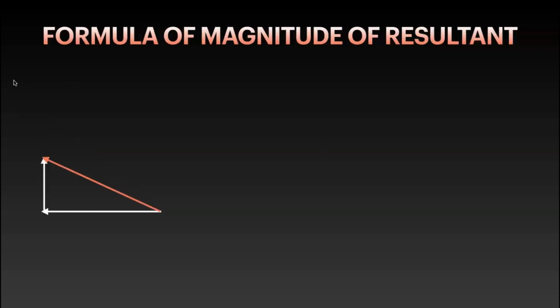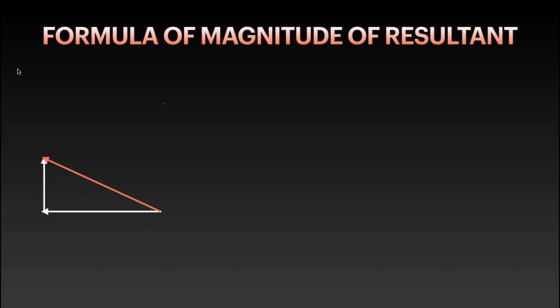Now, in triangle law, usually we deal with perpendicular vectors, two perpendicular vectors. Okay. And if they are non-perpendicular, we will usually use parallelogram law of vectors. Okay. Next. Here.